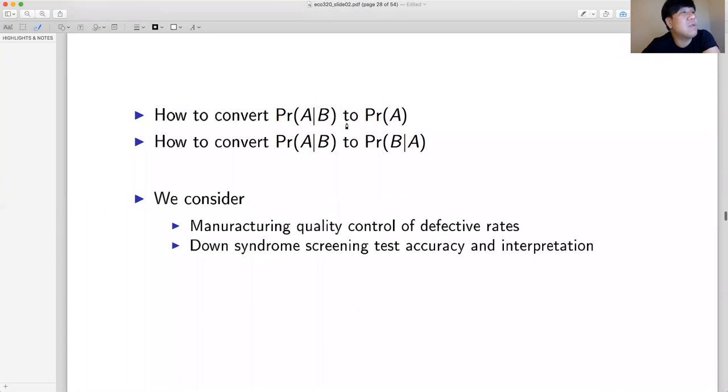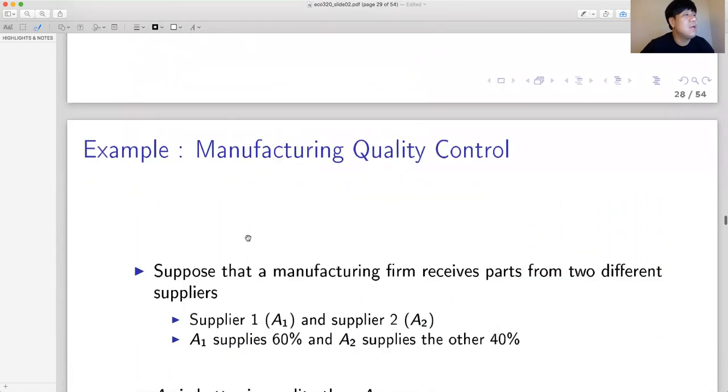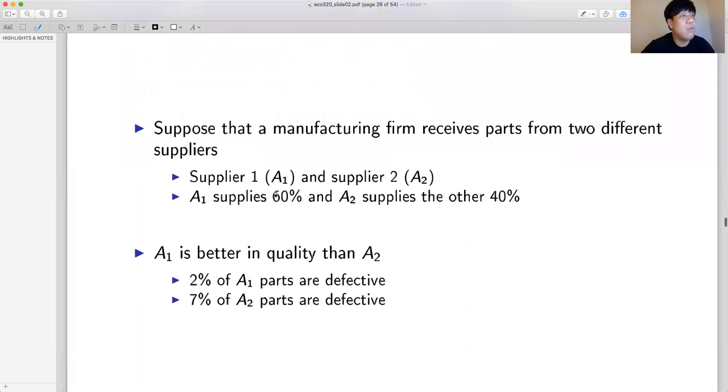How to convert this to this, okay. Let's convert this to this. I mean, how to convert this to this. I'm gonna do like 2 more examples. So let's say, suppose that a manufacturing firm receives parts from 2 different suppliers. So, supplier 1, A1, and supplier 2, A2.